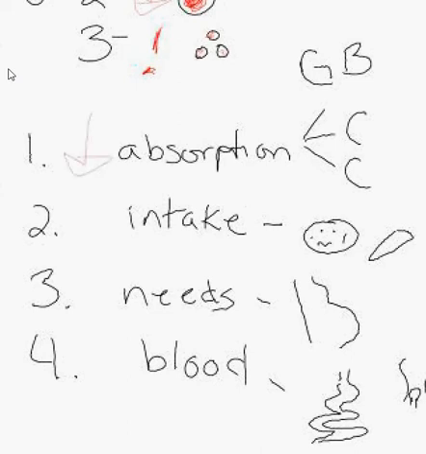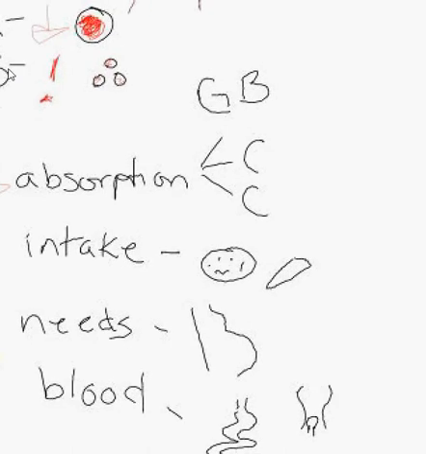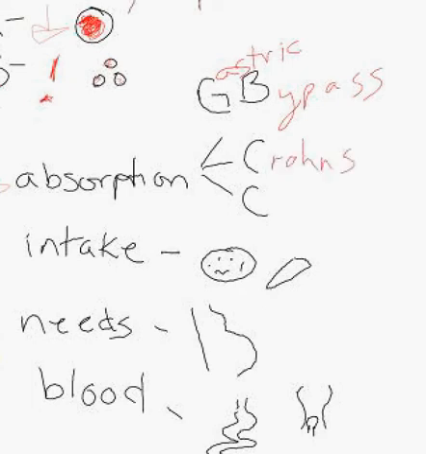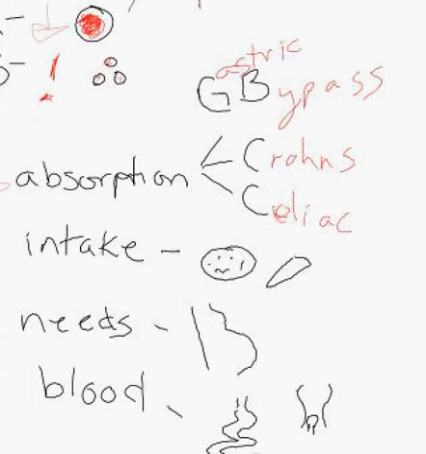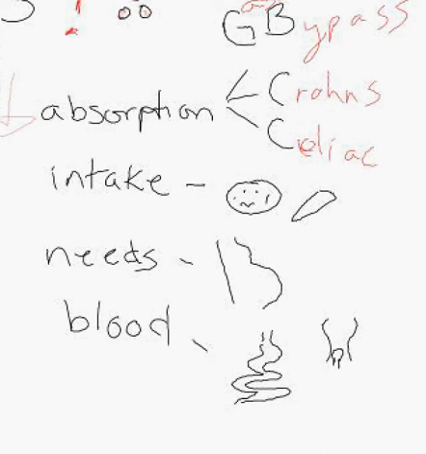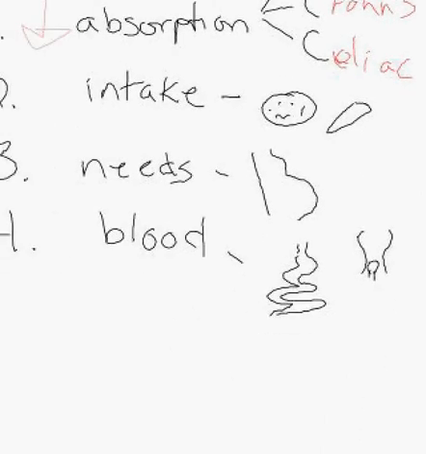First, decreased absorption can be a result of history of gastric bypass surgery or other GI surgeries in the past that interfered with the proximal loop of the small intestine, Crohn's disease, celiac disease, any type of digestive disorder where the lining of the intestines is inflamed and iron just isn't getting in or absorbed.